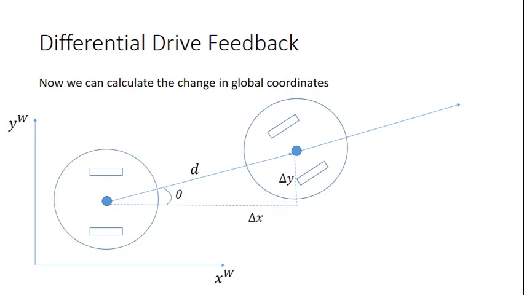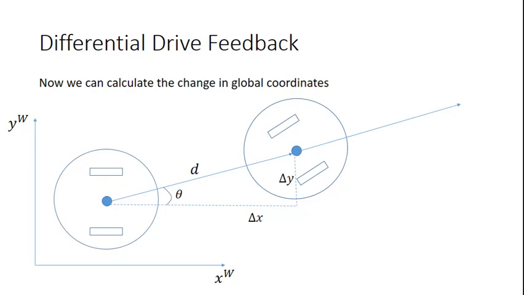Oh, I should say real quick. Previously, I was representing d with a curve. Now I'm representing d with a straight line. The reason is that whenever you are trying to gather odometry information, it is normally computed very fast, like 20 to 30 times a second, sometimes even up to like 50 or hundreds of times per second, depending on how serious your application is. And in those time steps, we represent the robot's motion with straight lines.